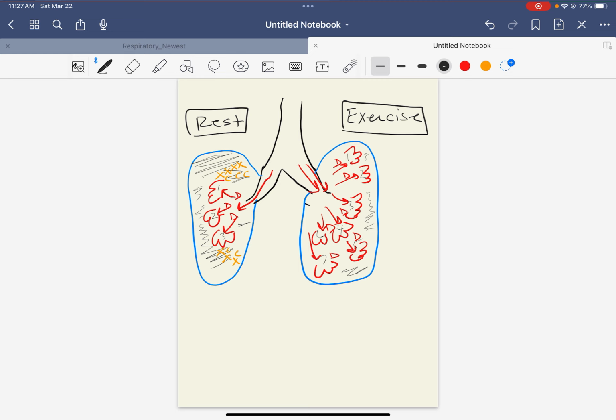What that means is during exercise, we have the ability to open up way more areas of the lungs. We accomplish this through vasoconstriction. If we don't want air to go to a certain area of the lungs, we constrict. When we do want airflow to move through a certain area, we vasodilate.